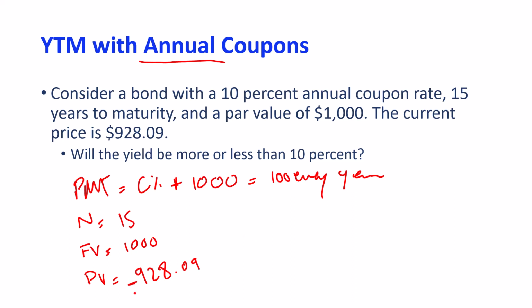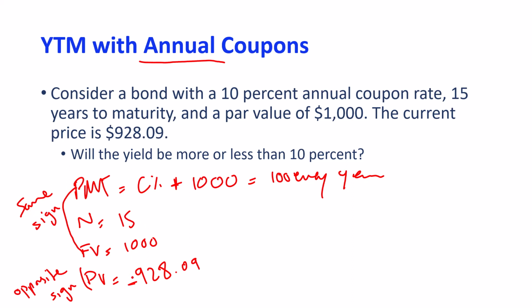In other words, payment and future value always have the same sign, and present value or the price of a bond has the opposite sign. For example, the company who's paying these coupons and the face value, you would put negative for these two and then positive for the present value.